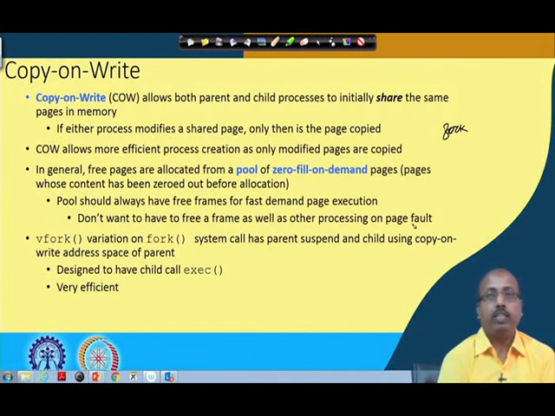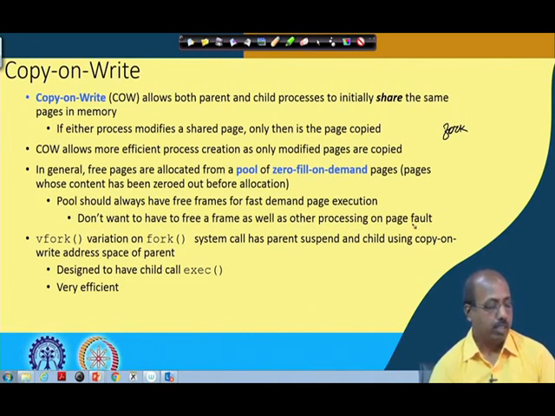Otherwise, the child will modify the parent address space only. It is designed to have the child call exec. If the child calls exec, then the entire address space gets overwritten by the child. So, naturally we do not have to create a separate address space for the child, and it is very efficient because the memory copy is not required.